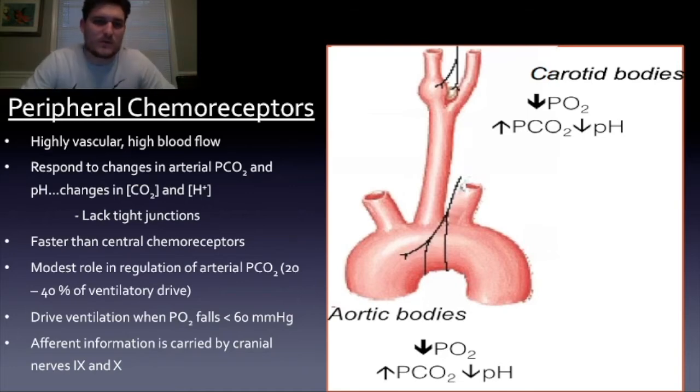And so, when these chemoreceptors pick up on changes in CO2, pH, and PO2, they send signals to the brain stem, the medulla, and we are going to have a result that we increase our ventilation. But again, peripheral control is about 40 max, so 20 to 40% of ventilatory drive.